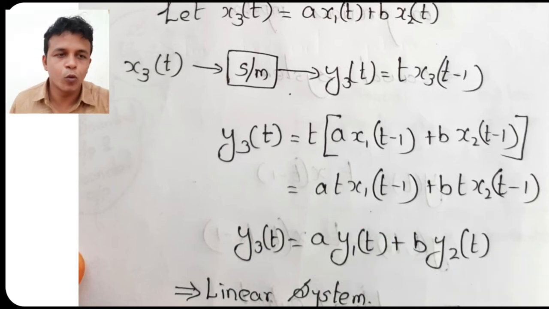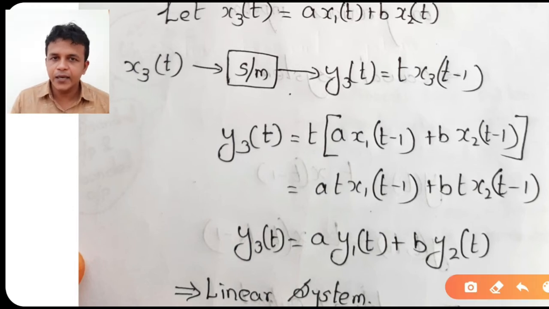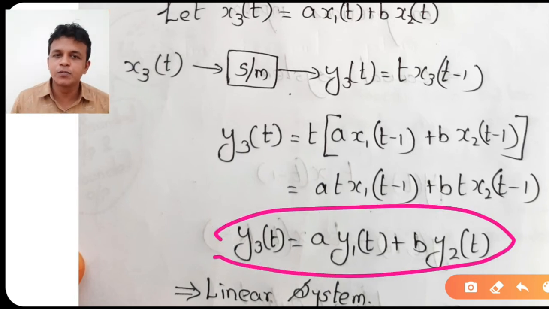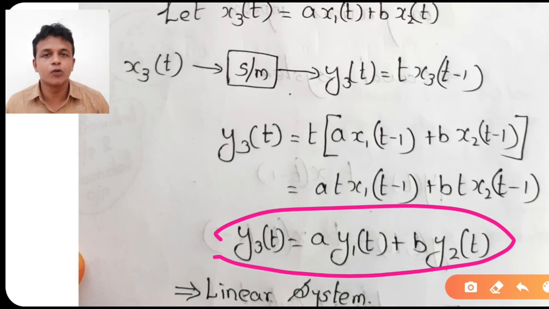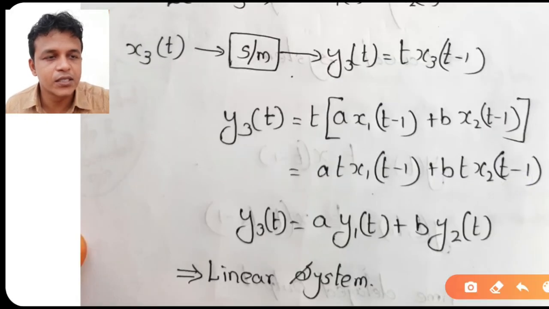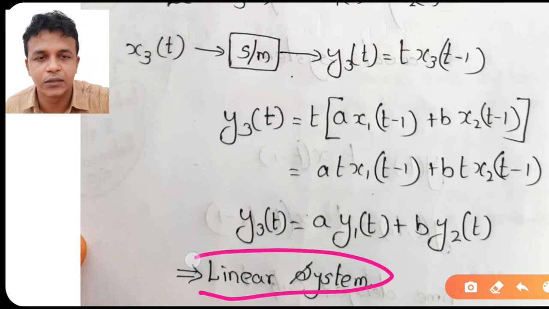So, weighted added input is producing weighted added output. This is the conclusion we are making. Homogeneity principle is obeyed, additivity principle is obeyed. For this reason, the superposition principle is also obeyed, and finally we can conclude that the system is a linear system.